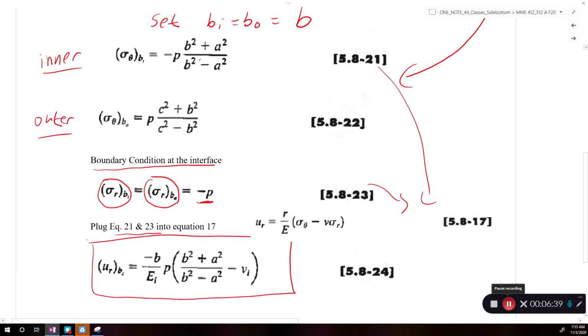This is for our displacement at the inner element.